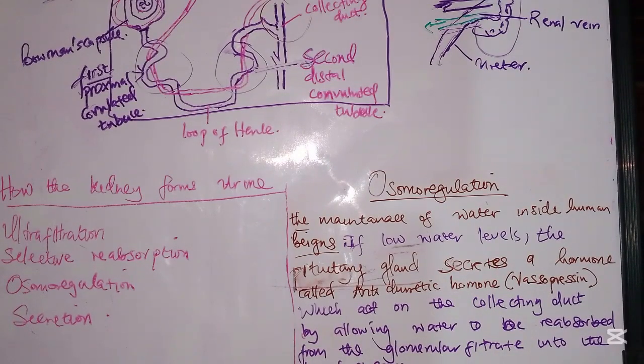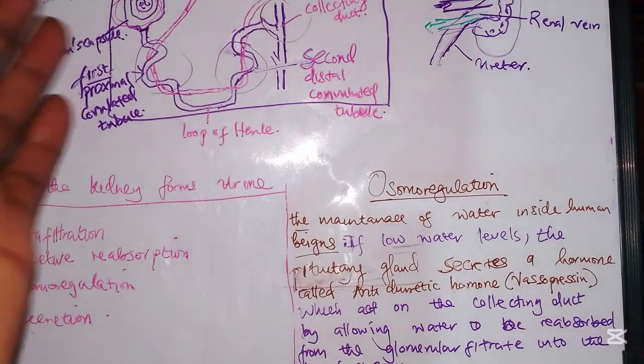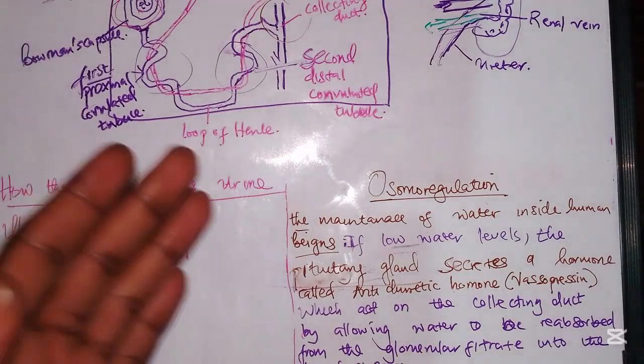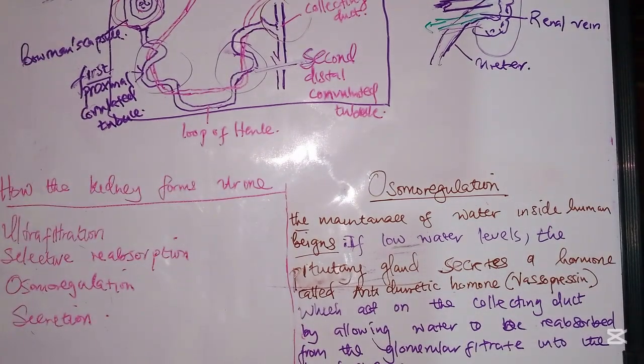Yeah, so most of you are wondering what it means when we say glomerular filtrate. Glomerular filtrate is a substance that passes the glomerular filter. We said that the substances which cross the glomerular filter are just glucose, urea, excess salt, and water.